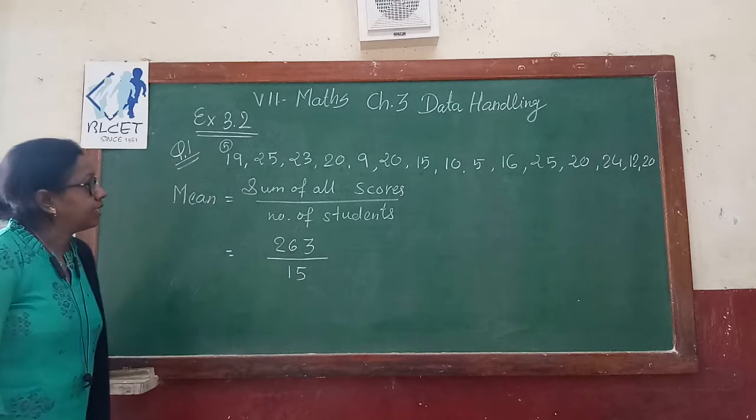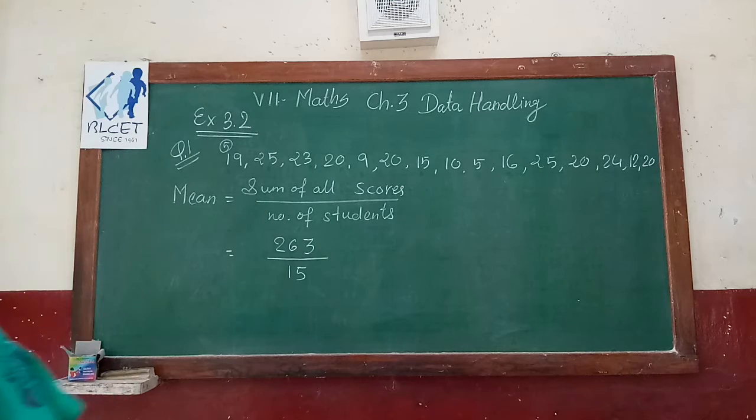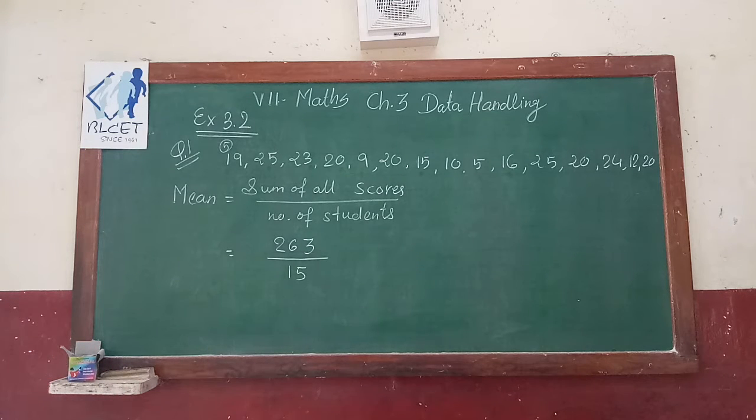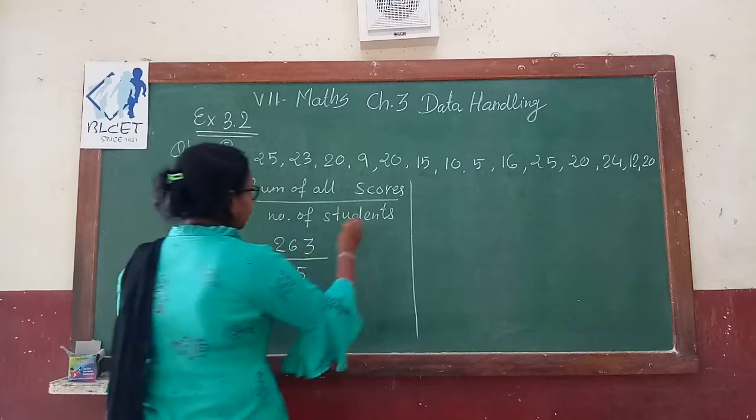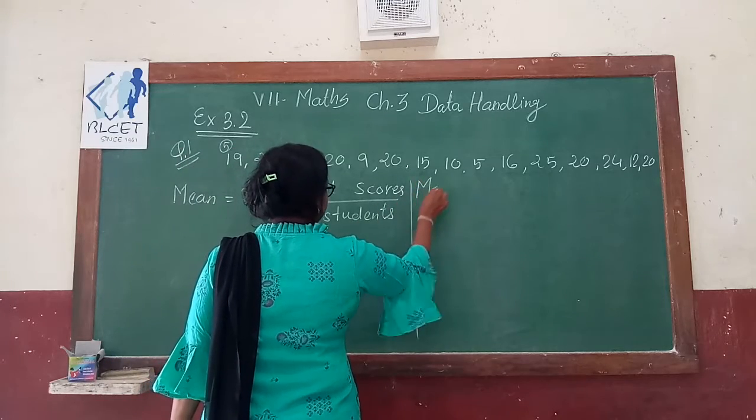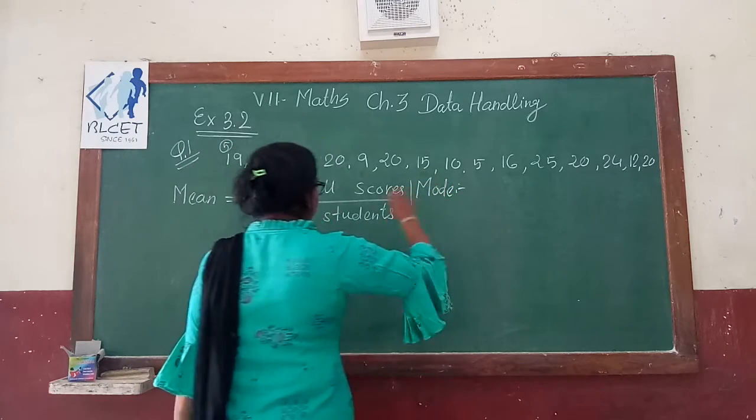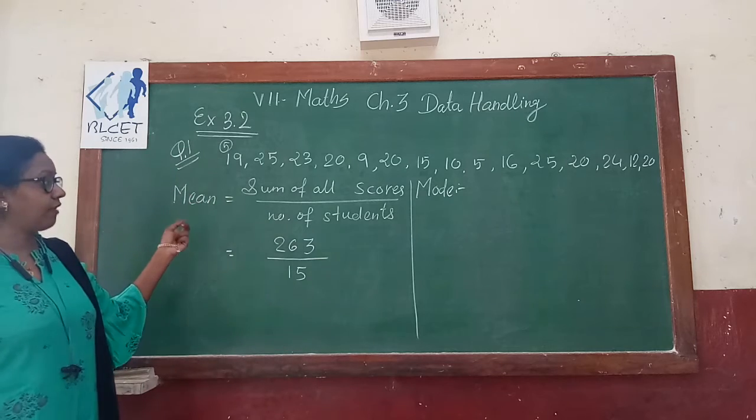Let's check the sum of all the observations. Sorry students, here we have to find the mode and median. It doesn't matter, if in an exam it is asked that you have to find all three, this way also you can find the mean.